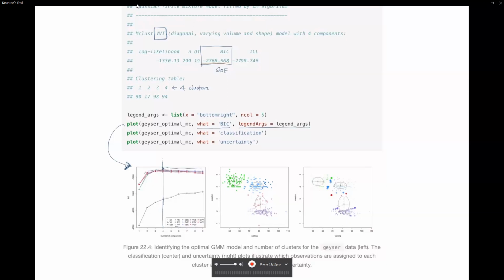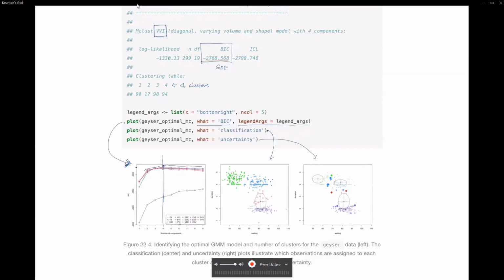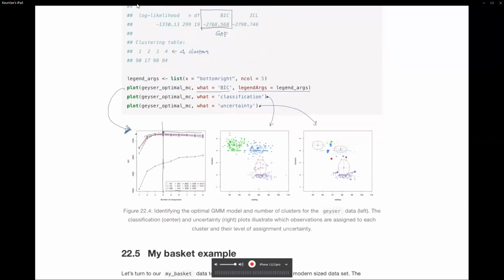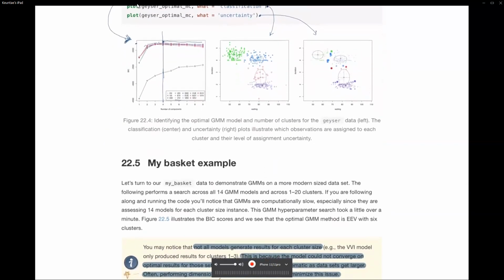That's the reason why the computer chooses the largest BIC outcome, close to zero. Based on that, the other two plots, which are this and this, represent how the clusters are formed in this case. Okay, these two. So that's what this is about.